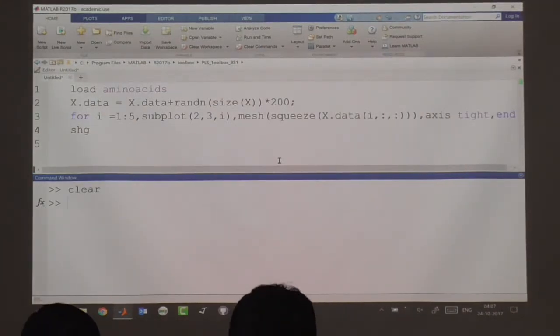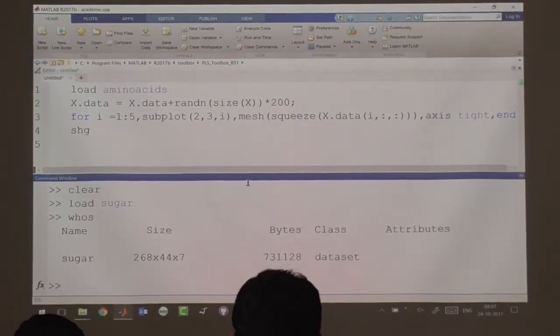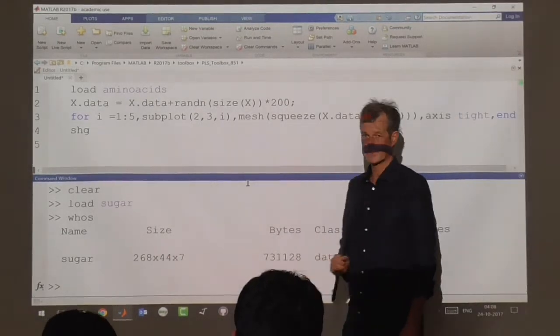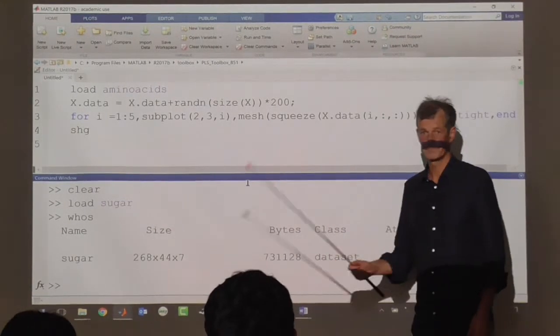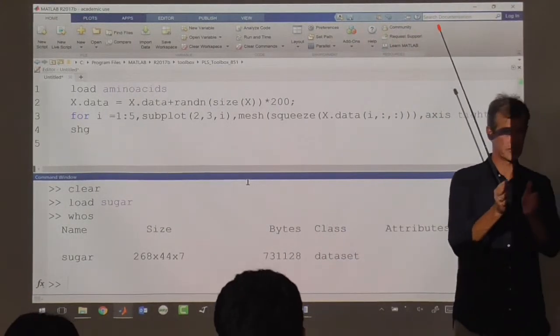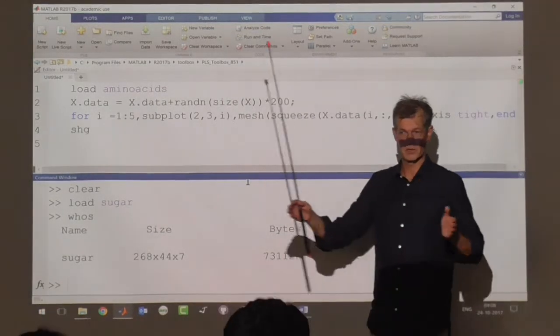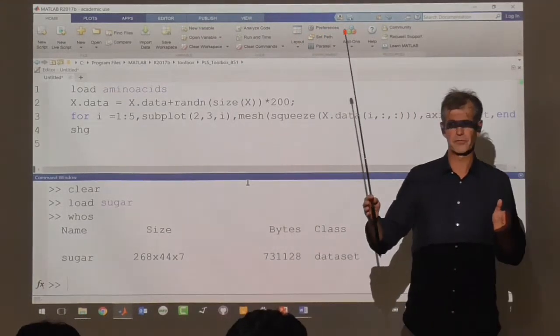Let me clear my workspace and say load sugar. So what I have here is a fluorescence data set of samples taken from a sugar factory. This is actually white sugar taken from the last centrifugation of a sugar factory every 8 hours. In Denmark, the sugar campaign is 3 months.